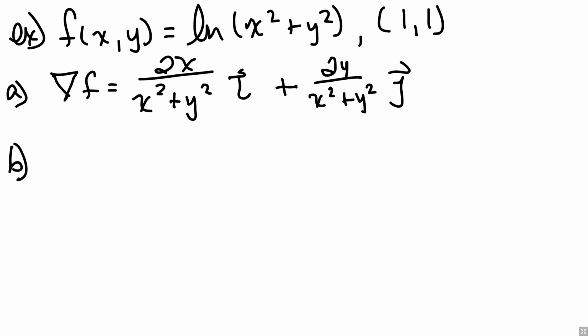All right, so part B, we want to evaluate the gradient of f at 1, 1. If we evaluate the gradient of f at 1, 1, what's this going to be equal to?